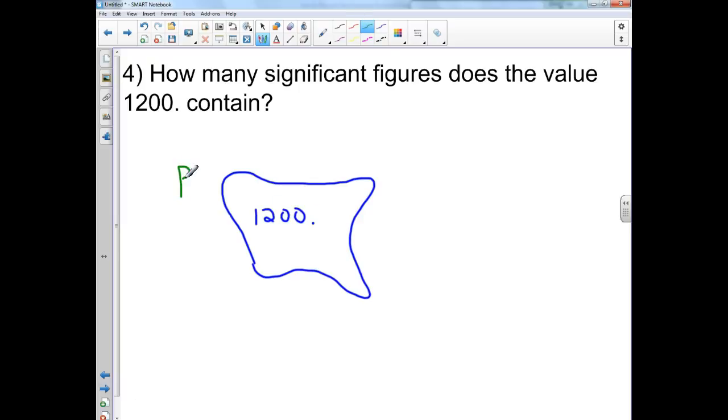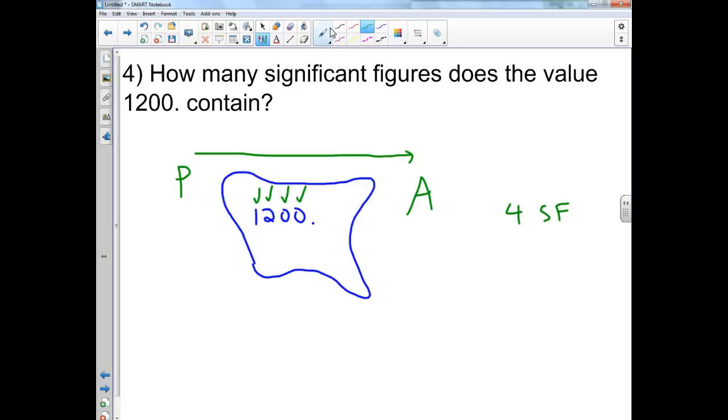Okay, you've got Pacific, Atlantic, and we're going across because the decimal point is present. It's there, even though nothing follows, it still is there. And so it is present. So you go across until you get to the first non-zero digit. Here it is, that's the first non-zero digit. So you count 1, 2, 3, 4. 4 sig figs.